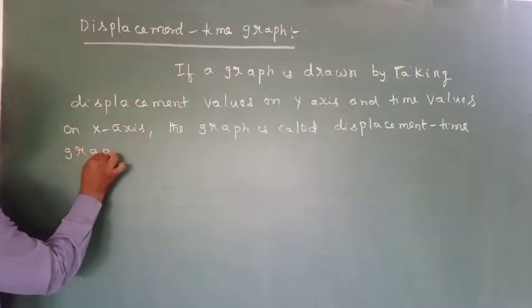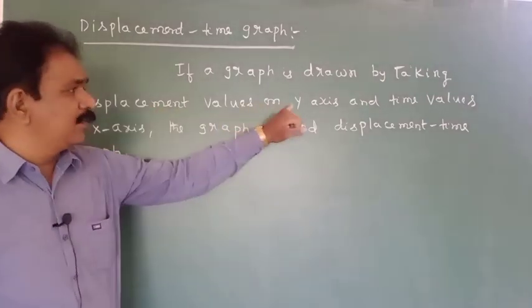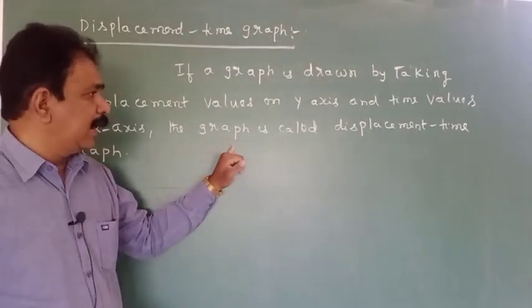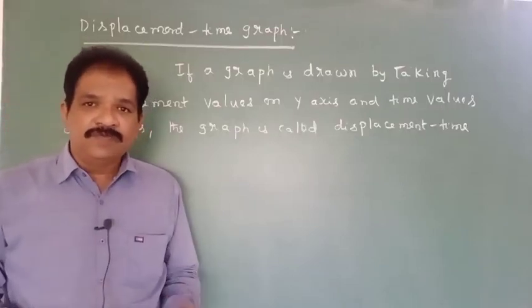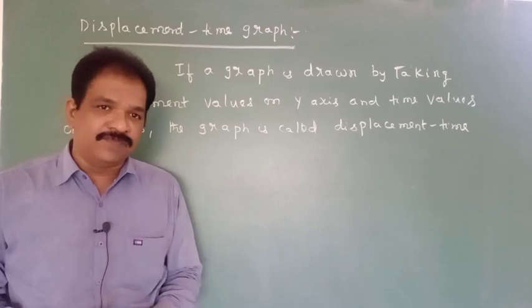The point is clear. By taking displacement values on the y-axis and time values on the x-axis, if we draw a graph, that graph will be called the displacement time graph.